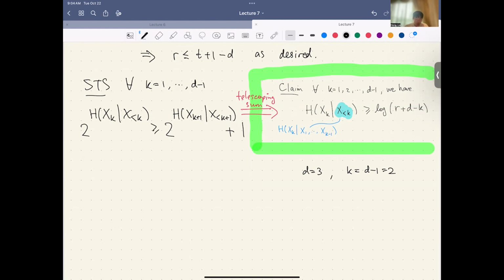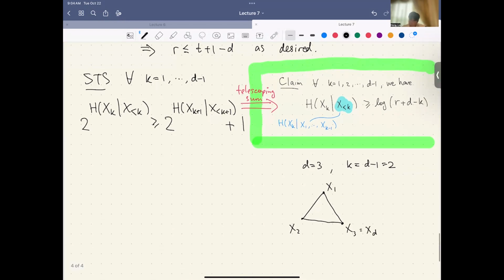Now we have x1 to xd sampled from A. So this is x1, x2, x3, which is xd here. Okay.